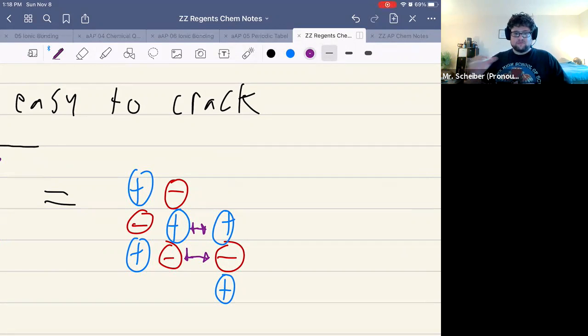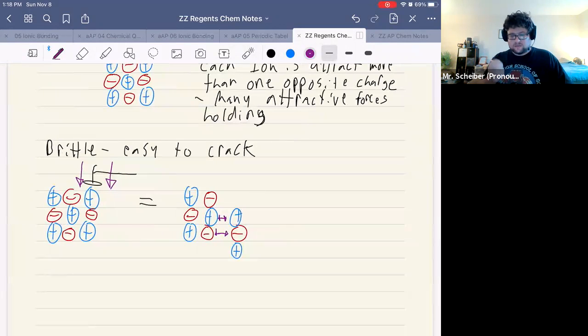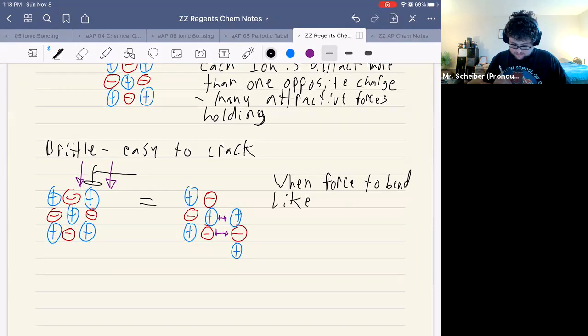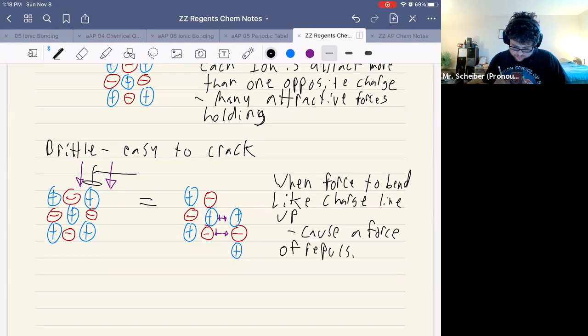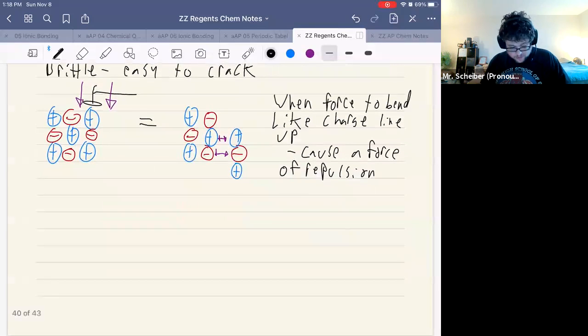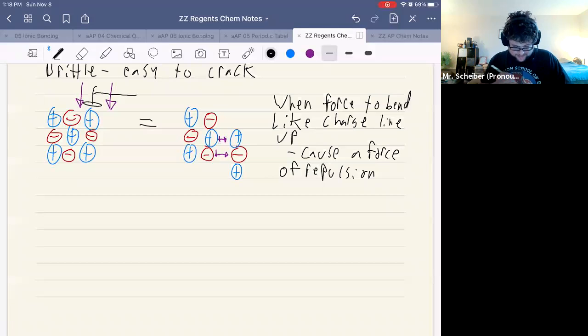And the farther you go down, the more they get pushed apart, and that's why they're able to crack. So we can write that when forced to bend, like charges line up, just like we see there, and it causes a force of repulsion, thus cracking.